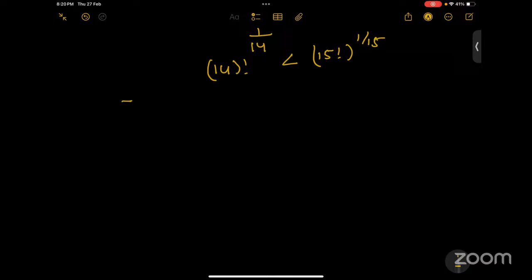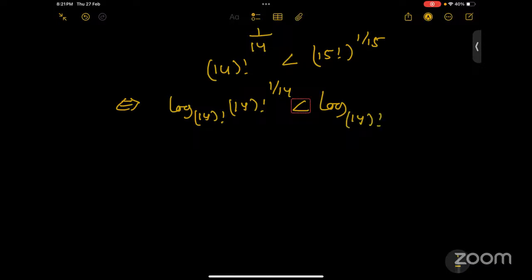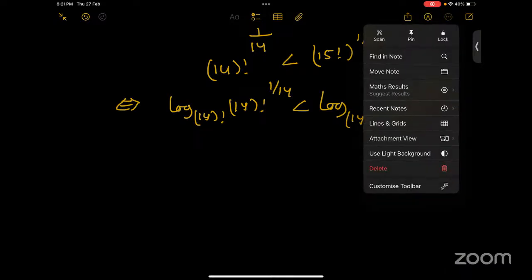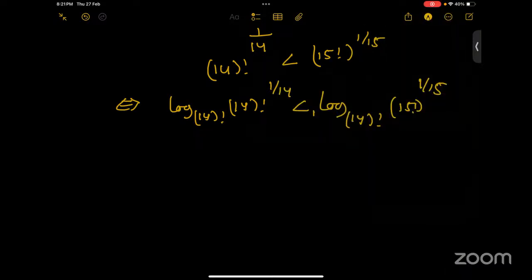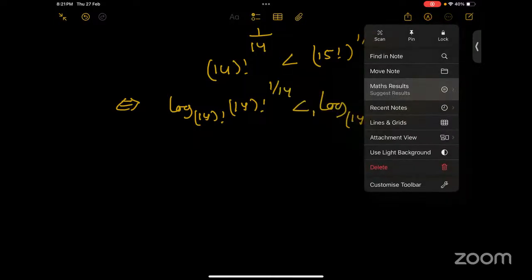So it will be true if and only if we can take log 14 factorial on both sides, right? So if I take log 14 factorial, then 14 factorial 1 over 14 will be less than log 14 factorial of 15 factorial 1 over 15. Okay, any doubt? Is it fine up to now?